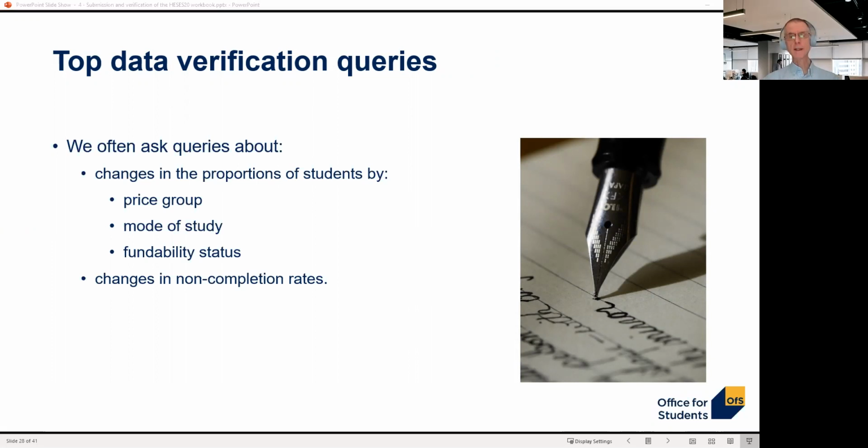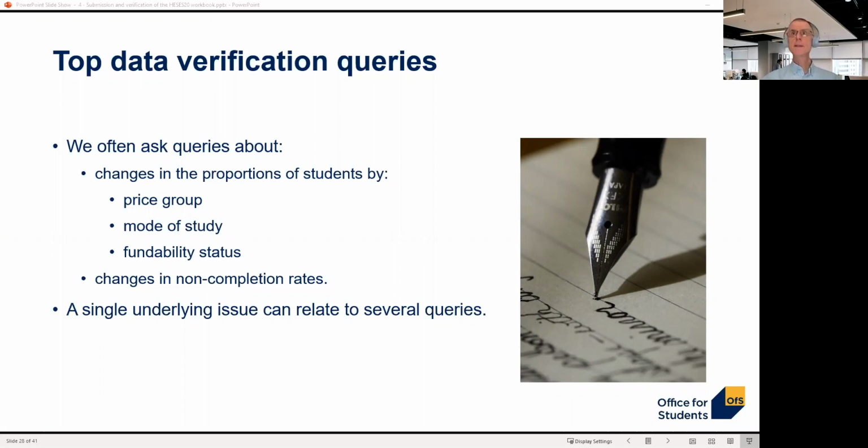Now, what we often find is that one underlying issue or event can relate to several different queries on the workbook, in the comparison tables particularly. And if you want to cross-reference your responses, then please feel free to do that. And in fact, the data verifier will very often suspect this anyway and may make the link themselves in terms of what they send you.